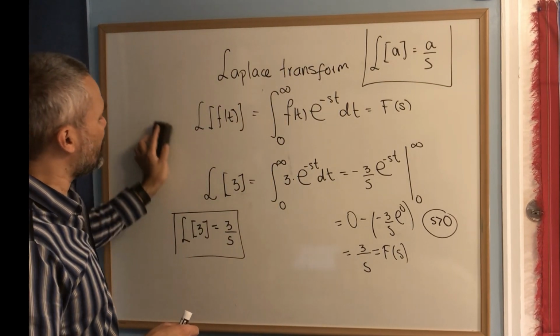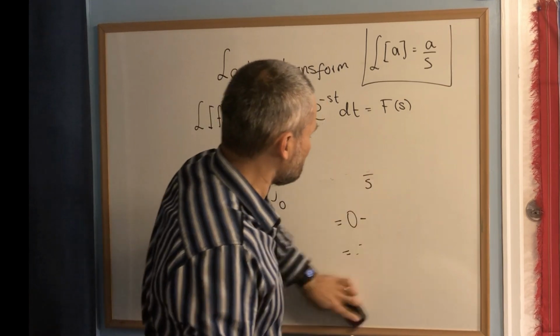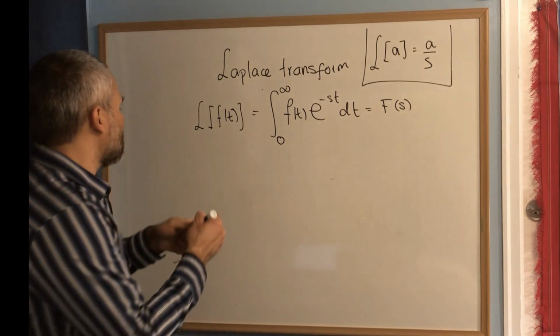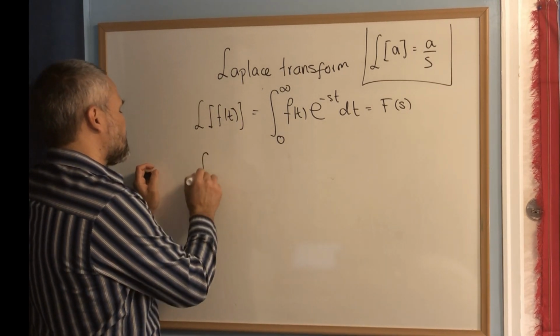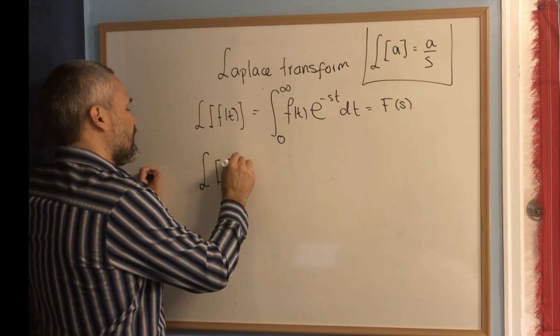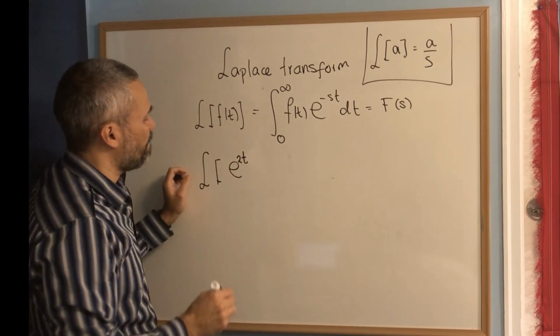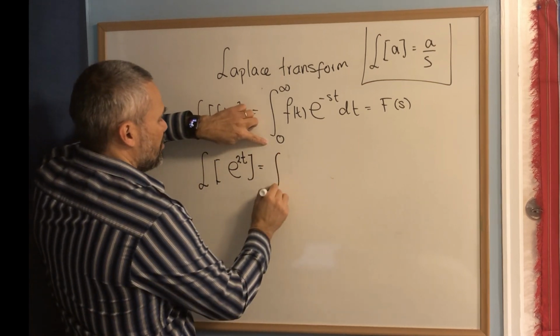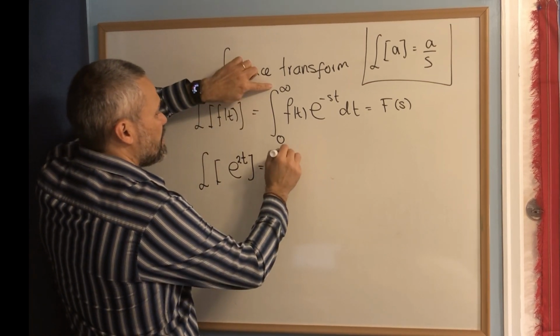Okay, let's do another example. What happens if we want to compute the Laplace transform of the function e to the 2t? Then, according to the definition, this is the integral from 0 to infinity.